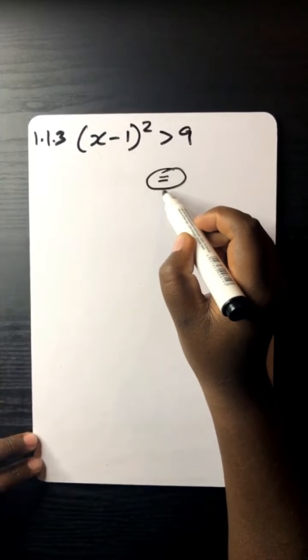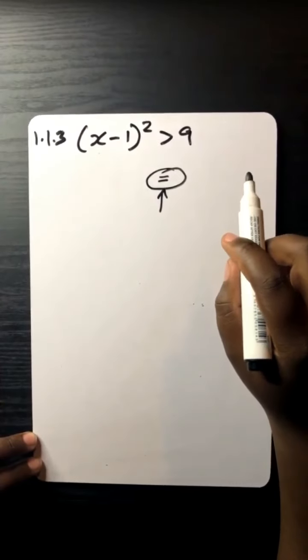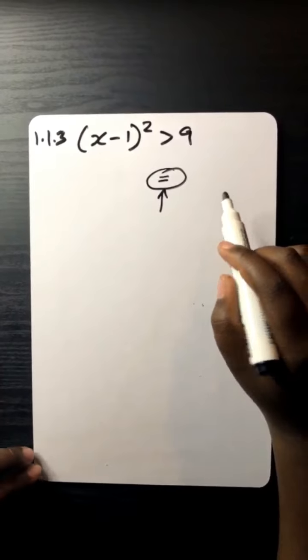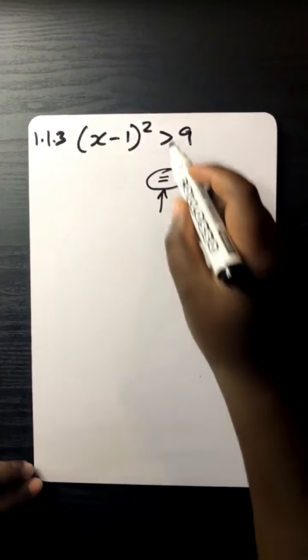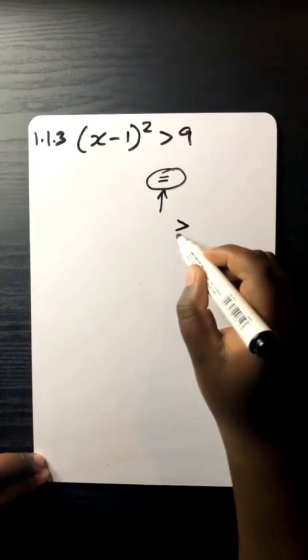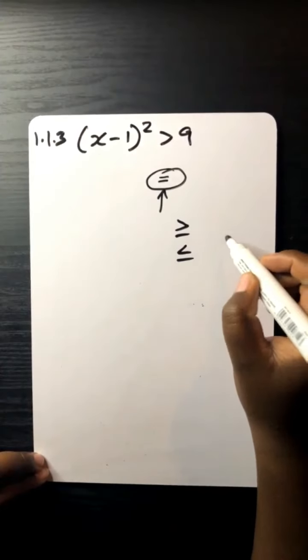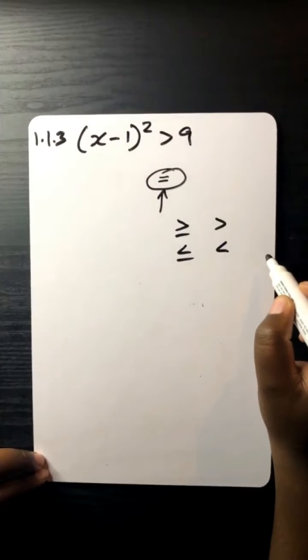Remember, equation refers to the equal sign. This is a quadratic inequality because it has an inequality sign. In other cases it may be greater than or equal to, or less than, or less than or equal to.